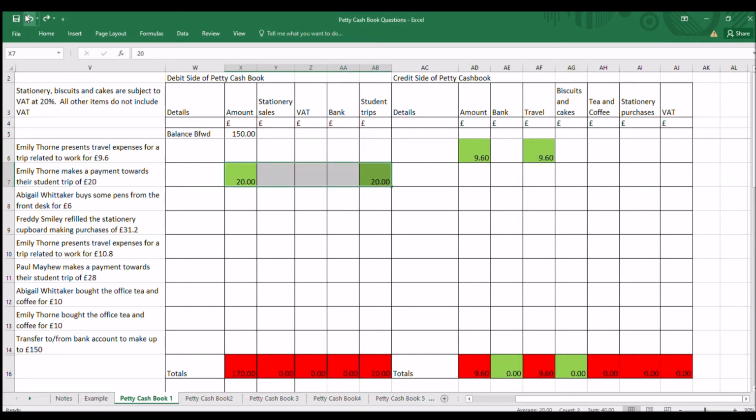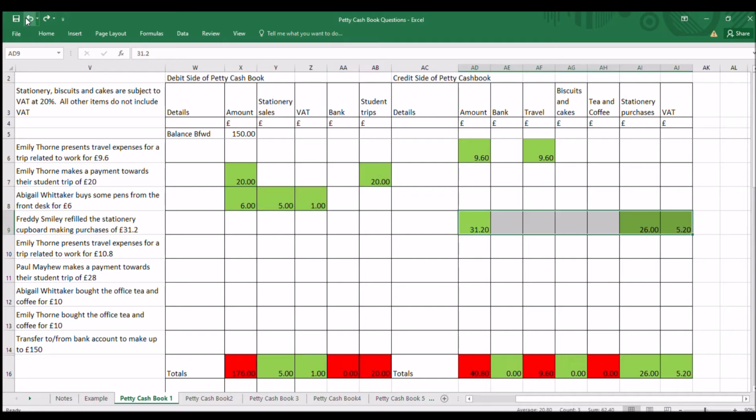Then Abigail is buying some pens, so it's a sale, stationery sales, and we've seen here that stationery is subject to VAT, so that's going on the debit side of the petty cash book.